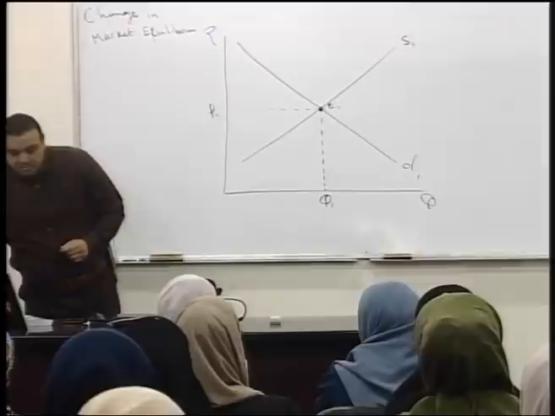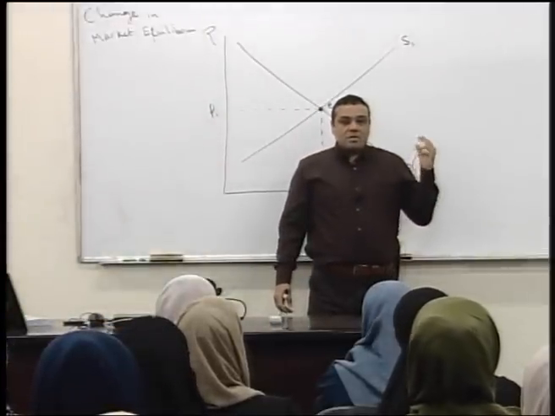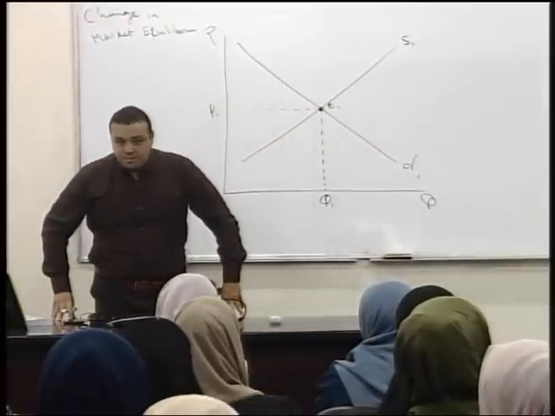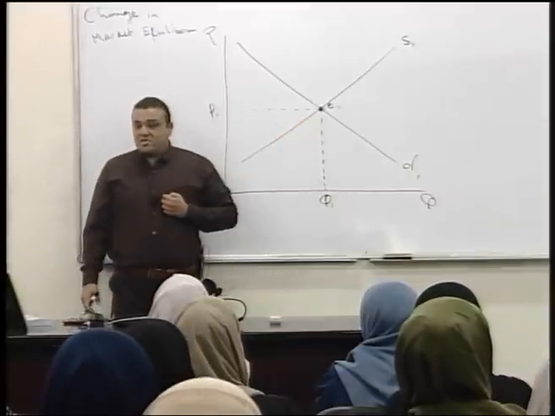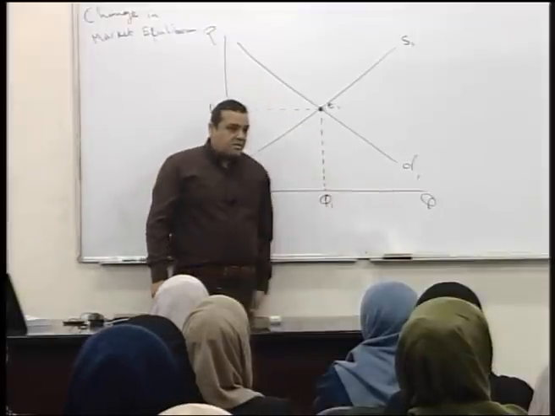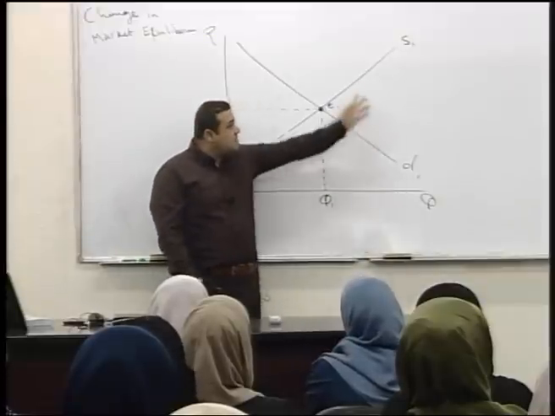According to our assumption, the equilibrium point in this market is E1, the demand for shoes is illustrated by this demand curve, D1, and the supply for shoes is supply 1.